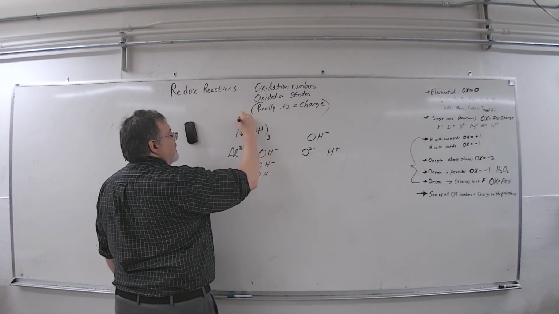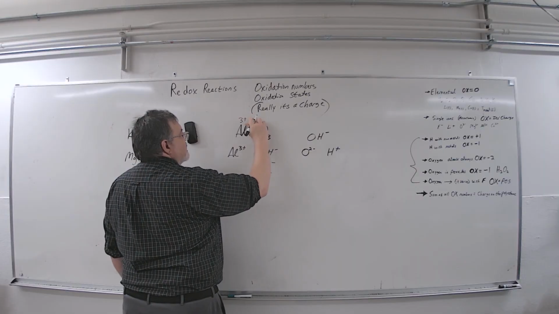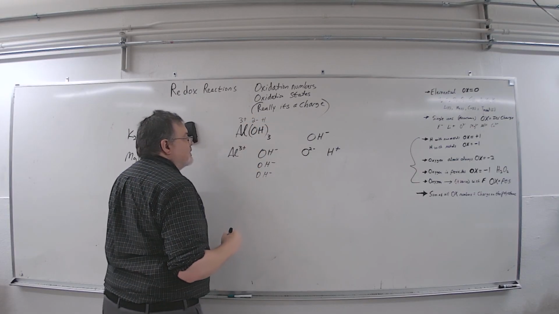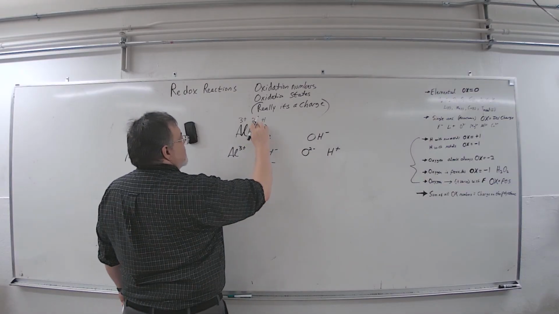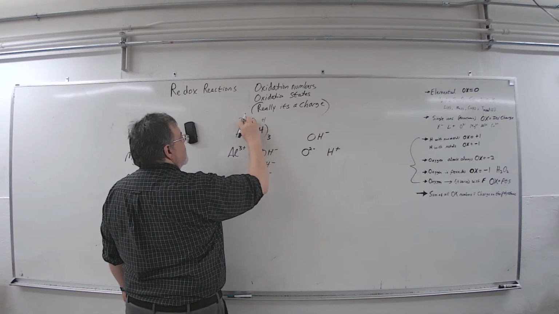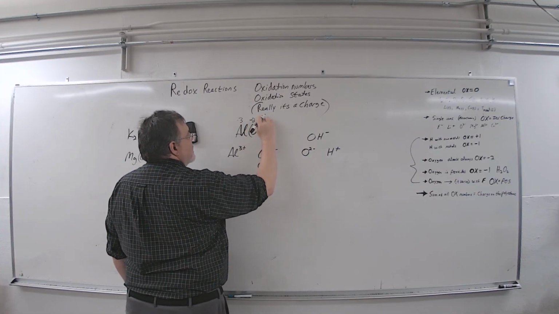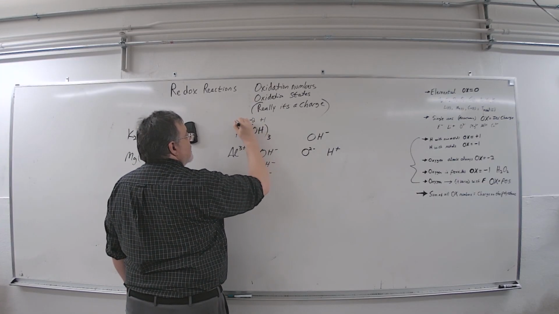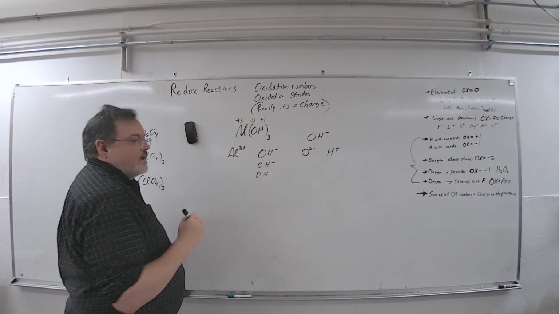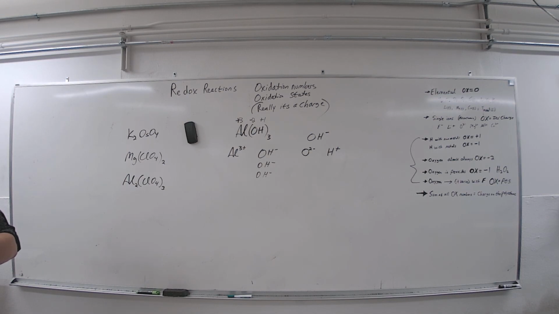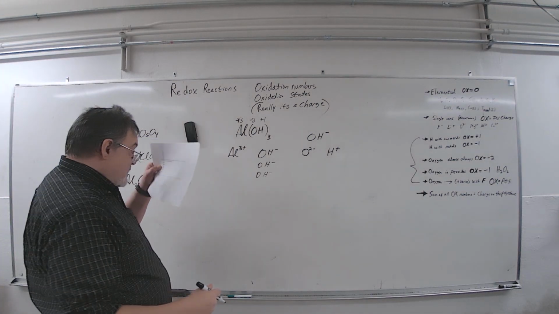So now you've got it. 3 plus, 2 minus, plus 1. Plus 3 and minus 2 is plus 1. You with me? It is just best to go through a bunch of examples.